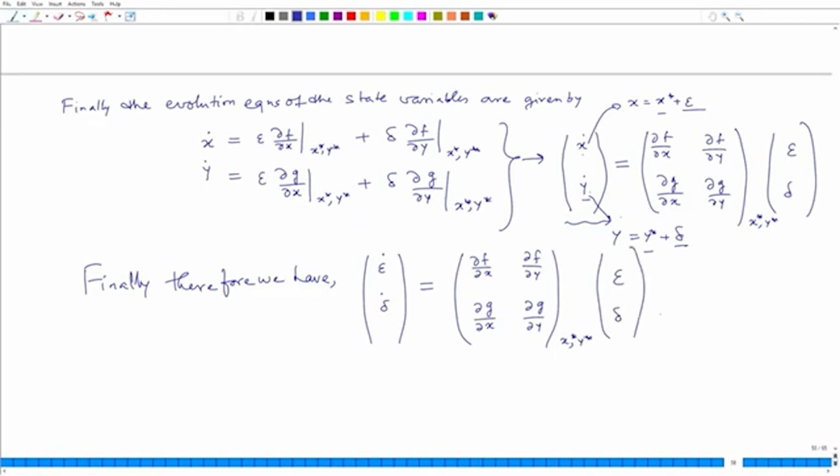I have a matrix form for the linearized form of the equations of dynamics.